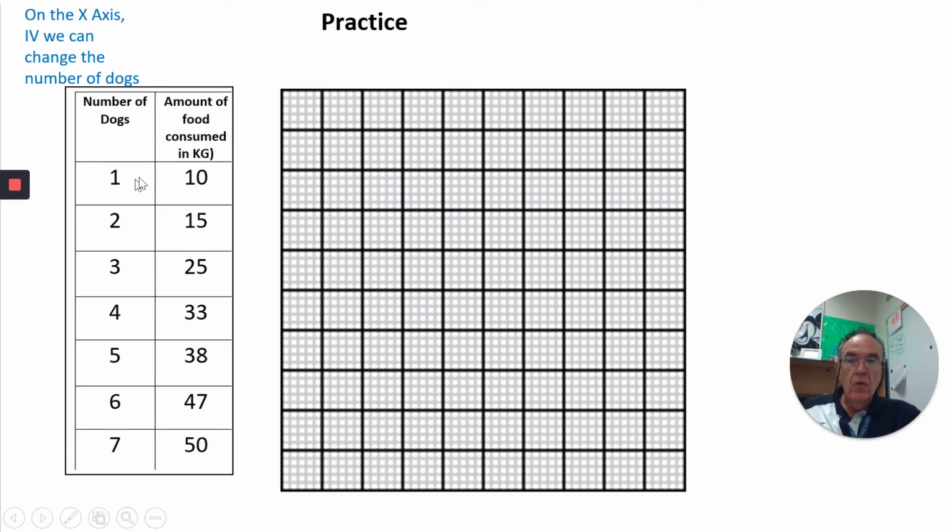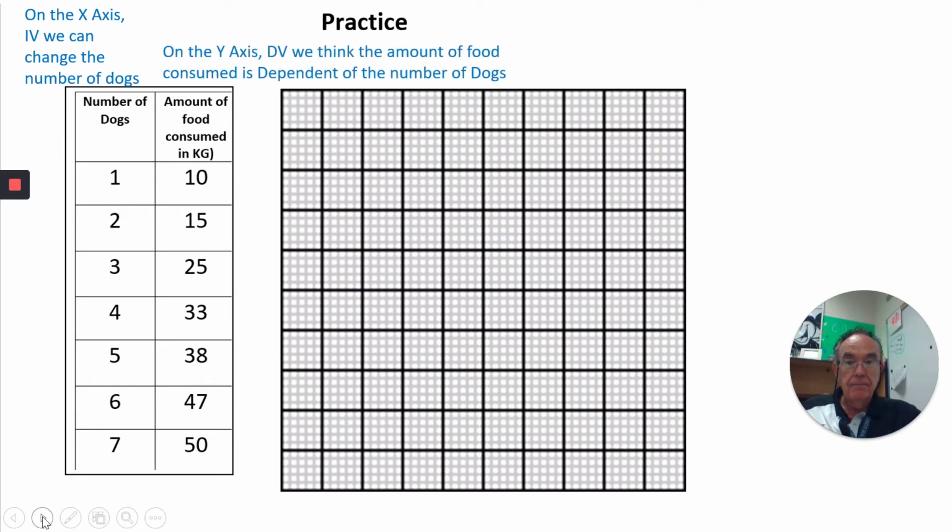But we're thinking the amount of food that gets eaten might depend on how many dogs we feed. So on the y-axis, the DV, we think the amount of food consumed is dependent on the number of dogs, which makes sense. The more dogs, the more food they might eat.